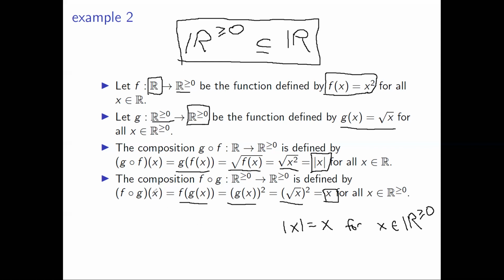However, these are different functions because they have different domains. These compositions are actually different functions because their domains are different. But where they're both defined, they agree. So they're the same where they're both defined, but one of them is defined in more places, because this one is defined on all reals, and this one is only defined on the non-negative reals.